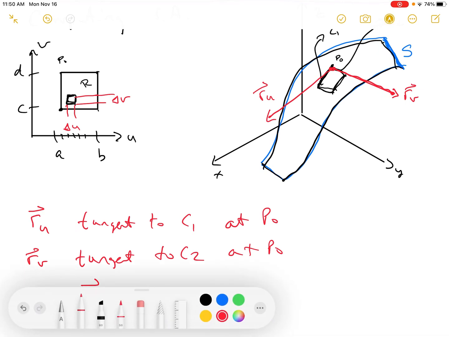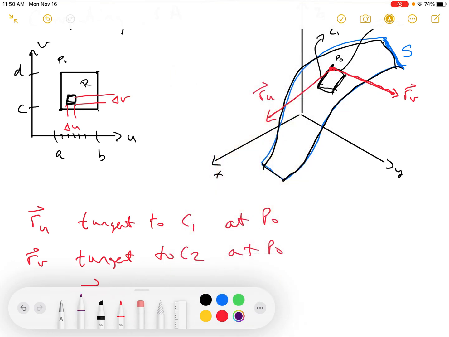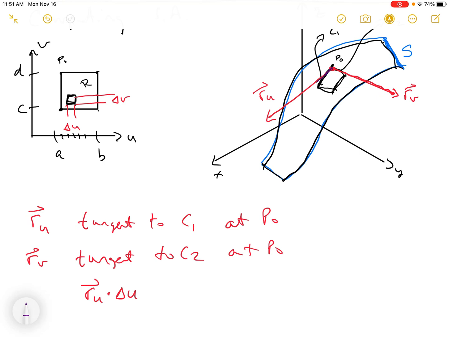I told you this was going to get messy, but it's all right. We'll clean it up. What you get is a little chunk here that lies over this curve C1. And I'll make a bigger picture in a second.